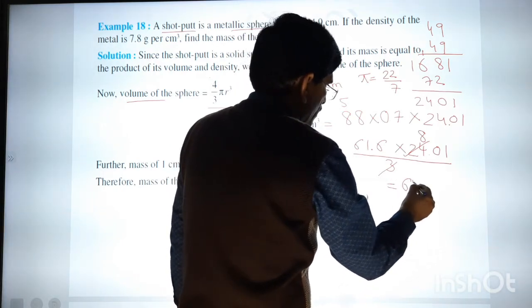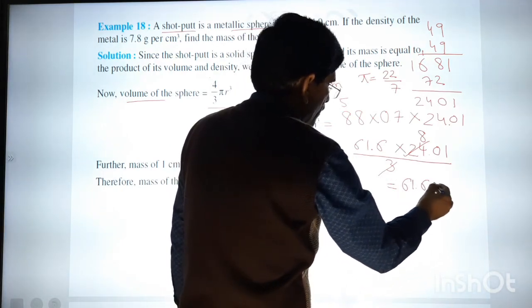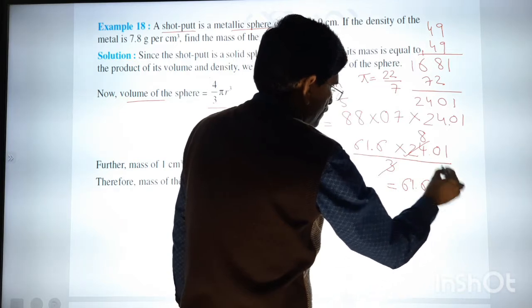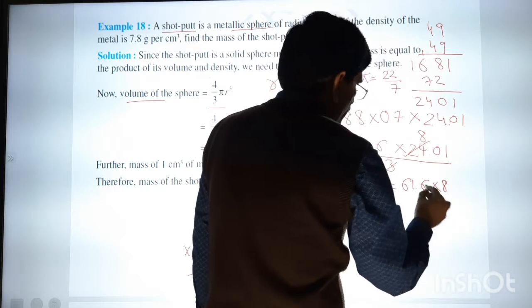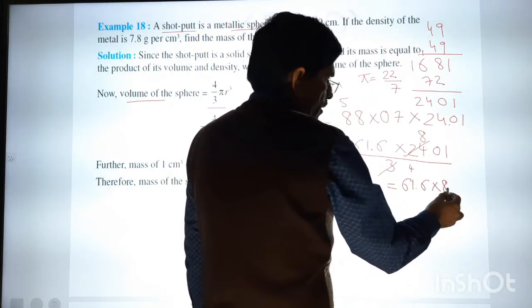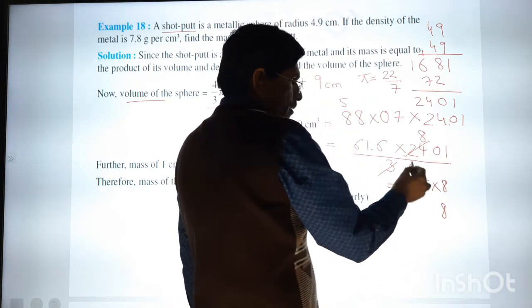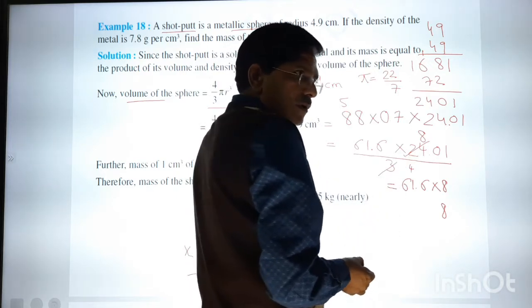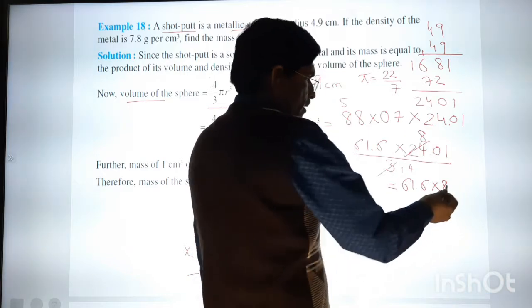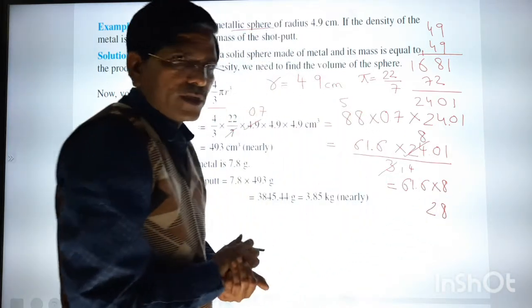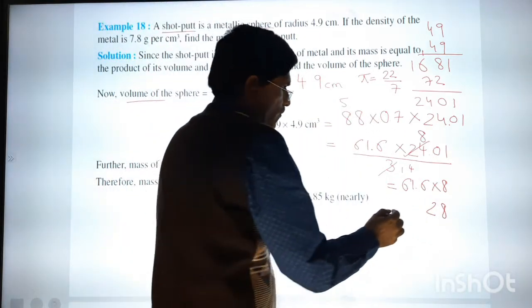Now 61.6 multiplied by 8. 6 8s are 48. Here carry 4. 8 1s are 8 plus 4, 12, carry 1, 6 8s are 48 plus 1, 49.